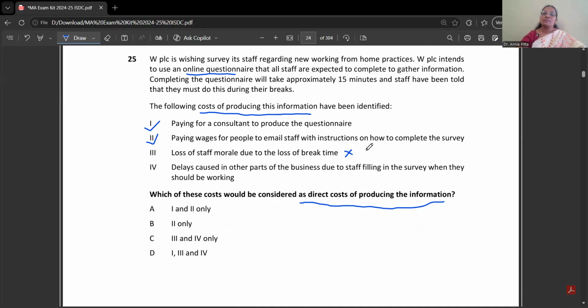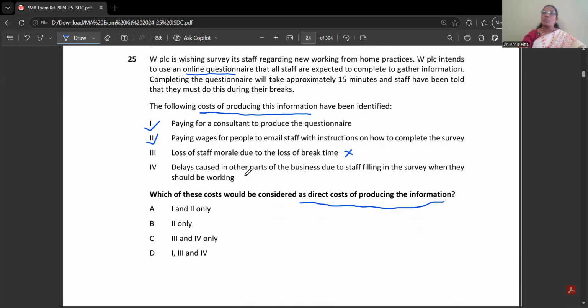Delays caused in other parts of the business due to staff filling in the survey when they should be working. So other parts of the business, see, we do not have that identifiability. That will be considered as an overhead, because some work is delayed in another part of the same business.